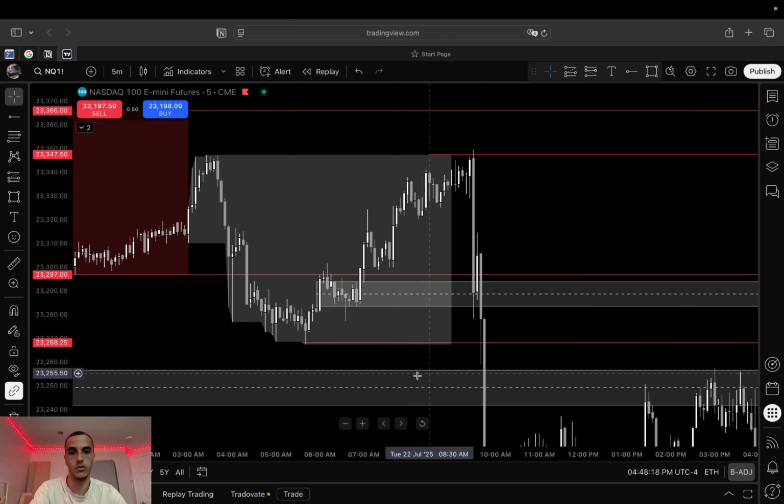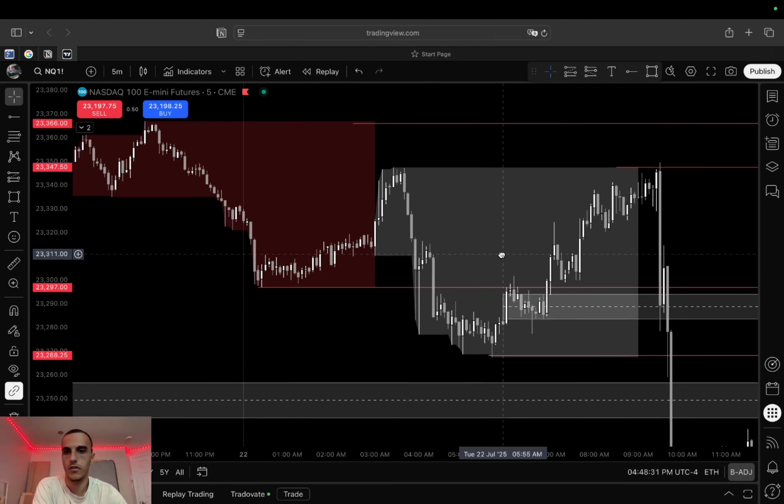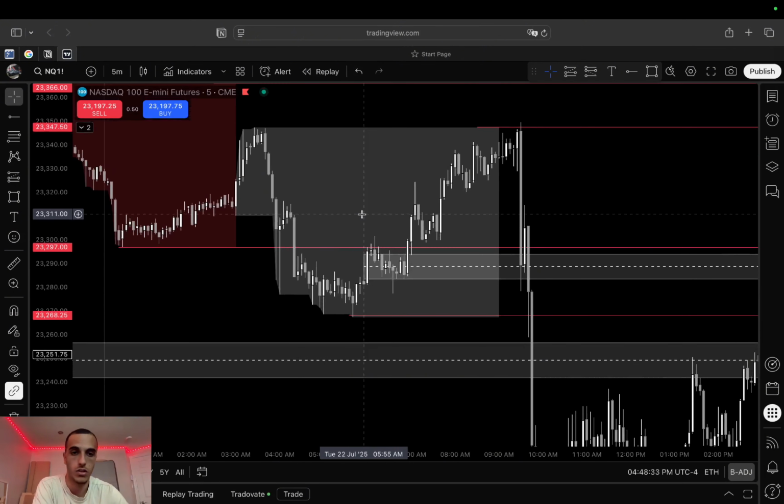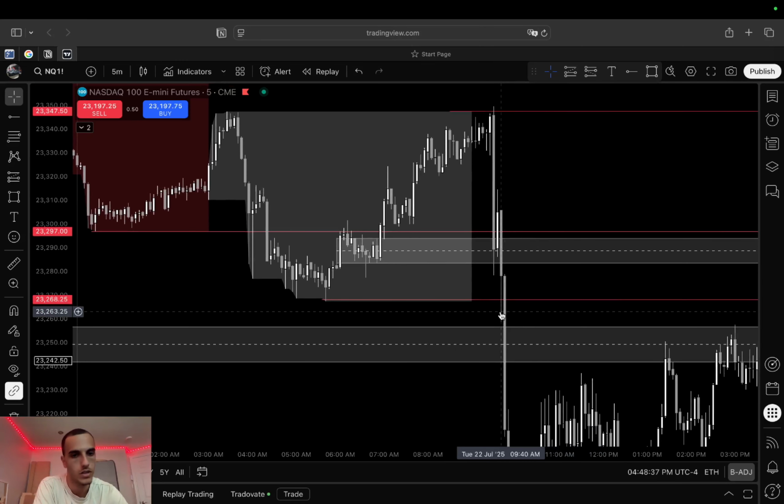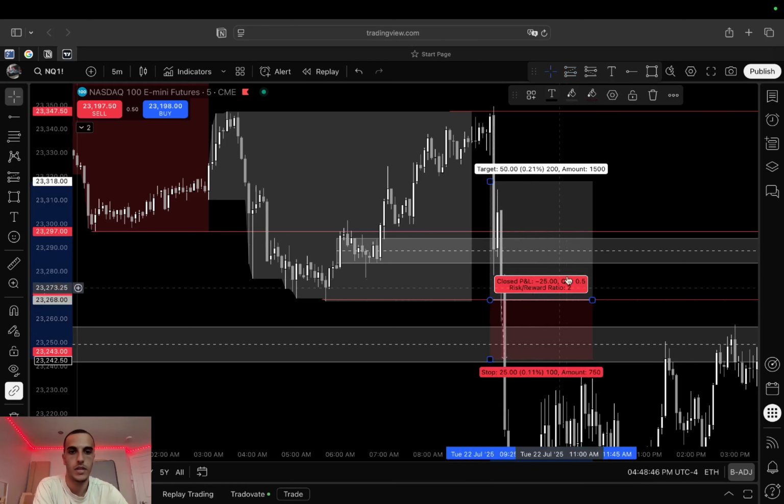So we can come down to fill this gap and then we can look for something else. So me looking for this, I didn't take the setup of this fair value gap. I was like, all right, I'm just gonna wait. 9:35, we break out of Asia lows, and I'm still waiting. Then we go back down, 9:40, we reject London low. From there, what I do, 9:45, as soon as it taps, I'm in a trade, and then instantly I take the L, right?